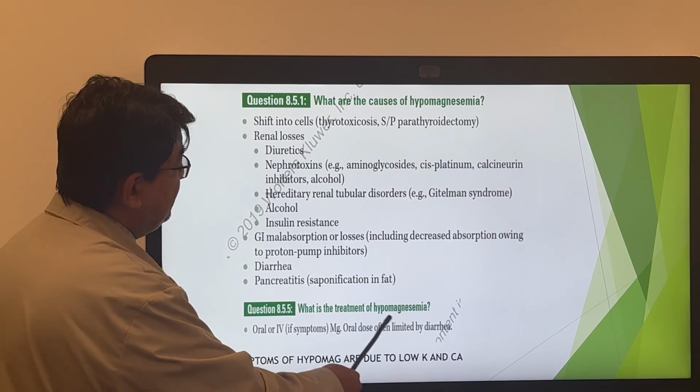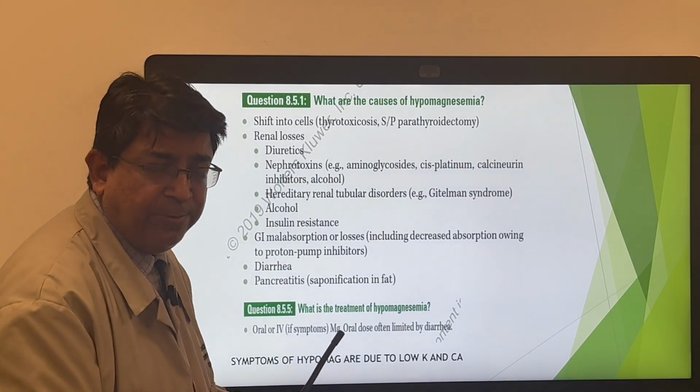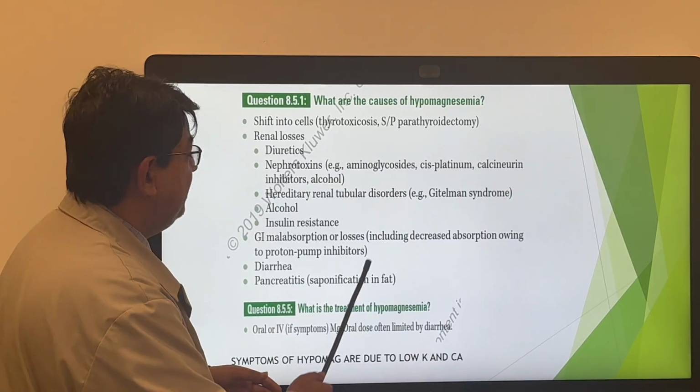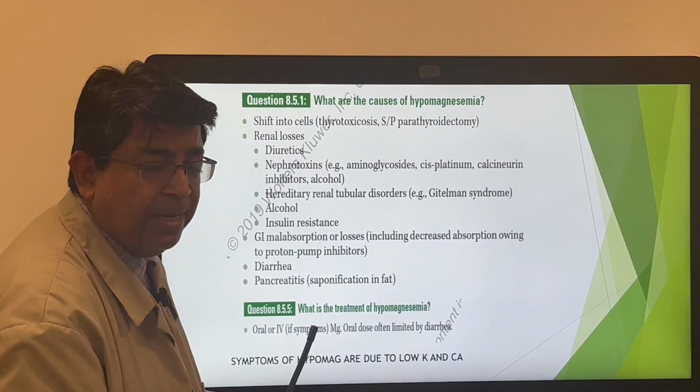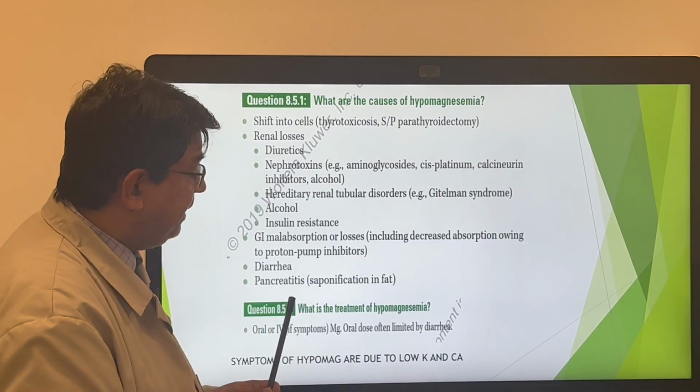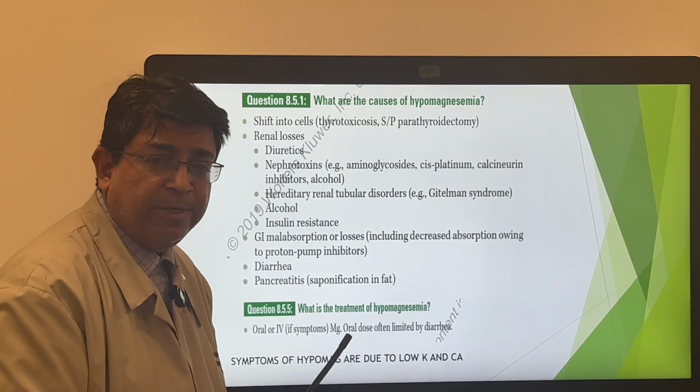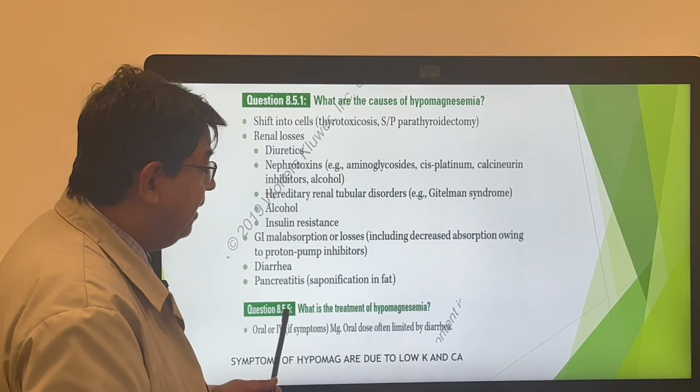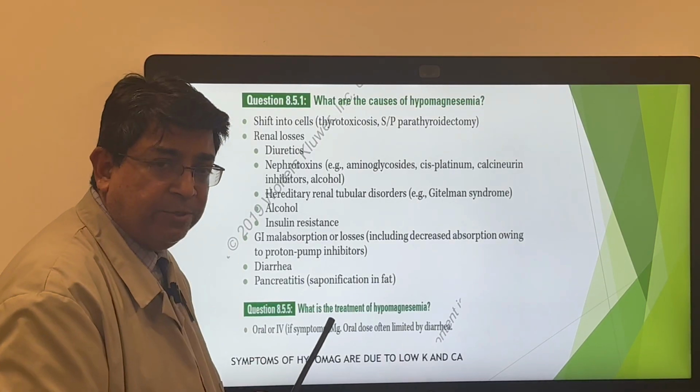So this is not too difficult to correct. The oral magnesium dose is typically limited by diarrhea. If you need high doses, such as in Gitelman syndrome, typically you will need high doses of oral magnesium. The most common one used is magnesium oxide, and sometimes that can be difficult to tolerate.